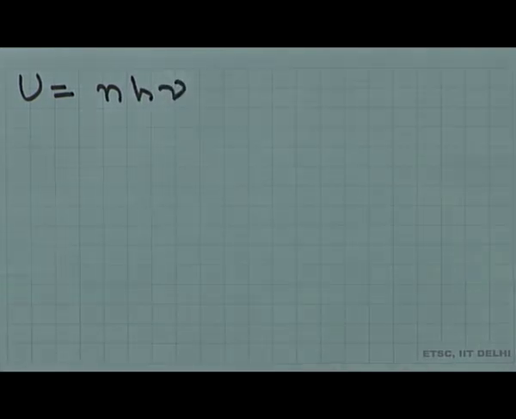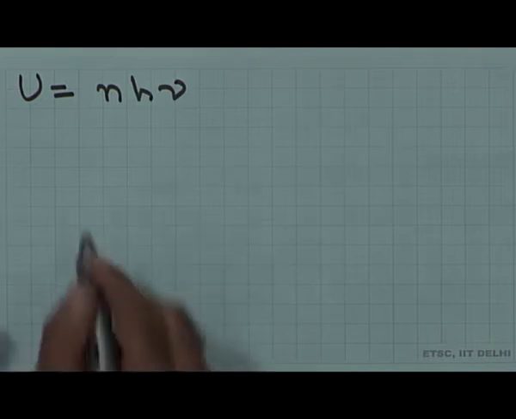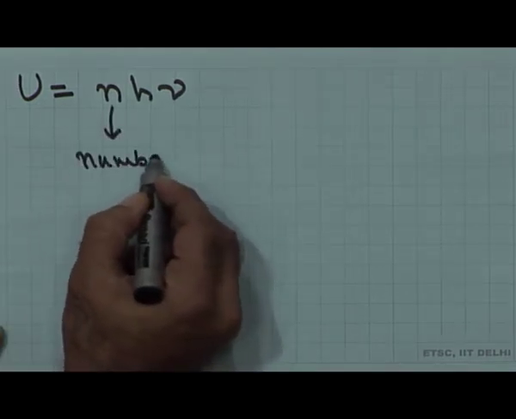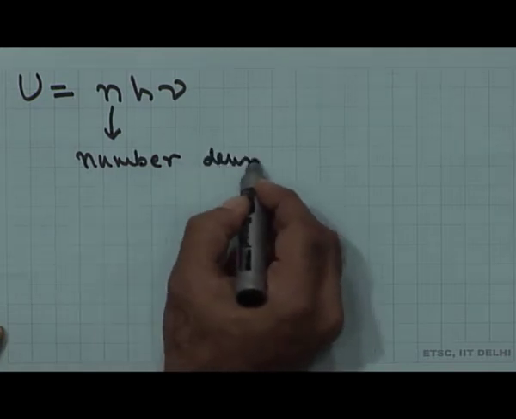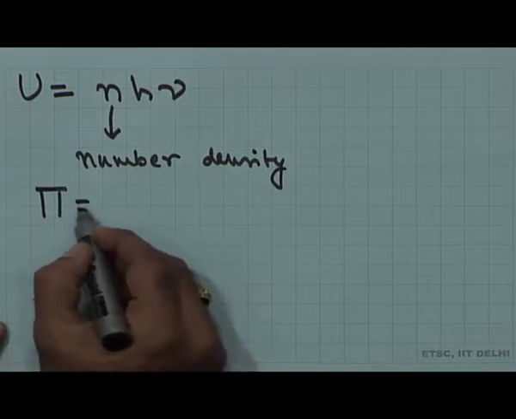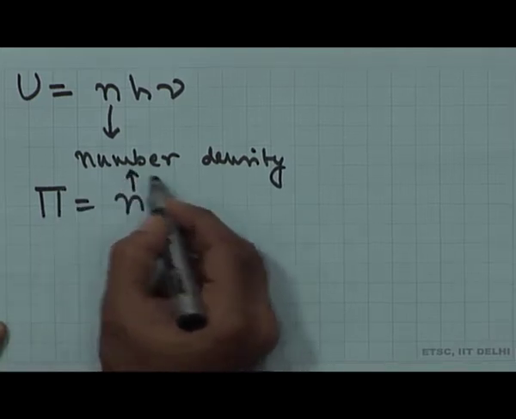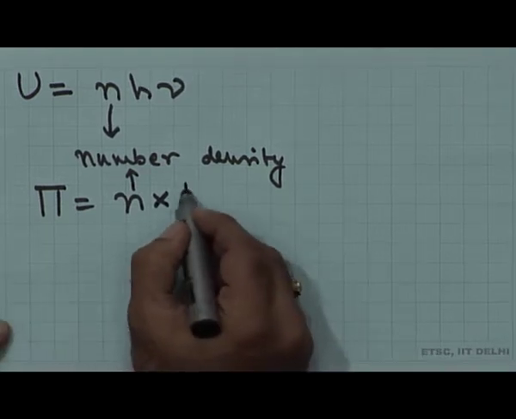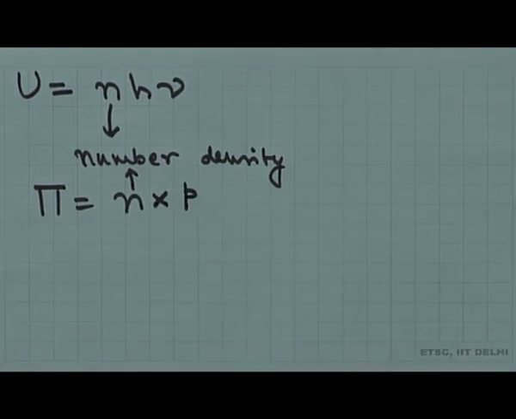I am assuming that the radiation has only one frequency, and n is the number density. And what is my pi? My pi is the same number density into the momentum carried by each photon. That is the most important thing.